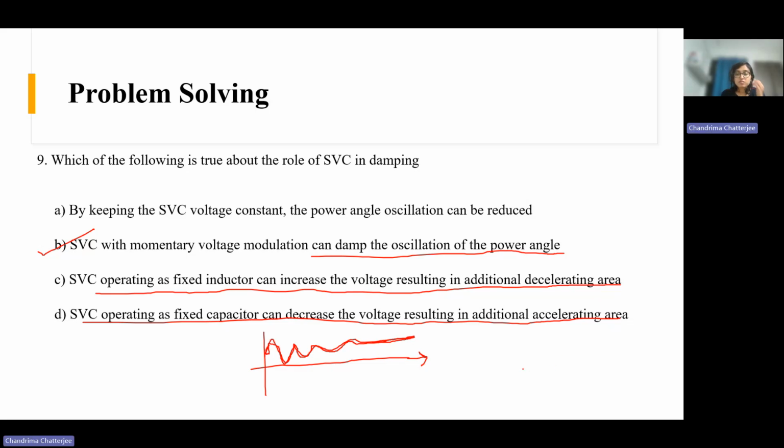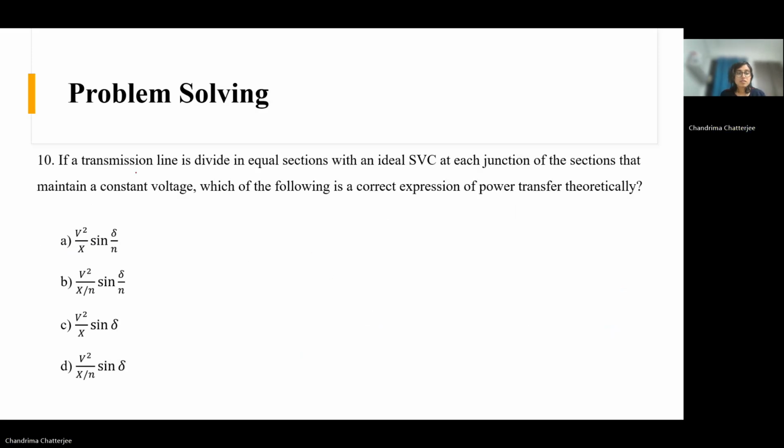Let's proceed to the next question. If a transmission line is divided in equal sections with an ideal SVC at each junction of the sections that maintains a constant voltage, which of the following is a correct expression of power transfer theoretically? So there is a power transfer line. At the sending end, there is a source. And then there are n equal halves.